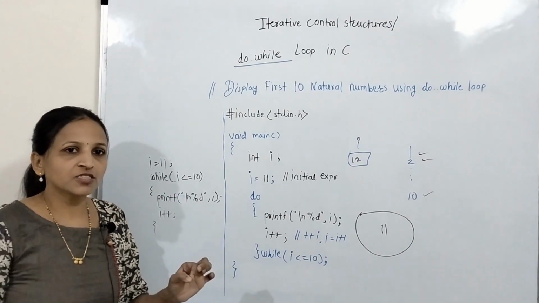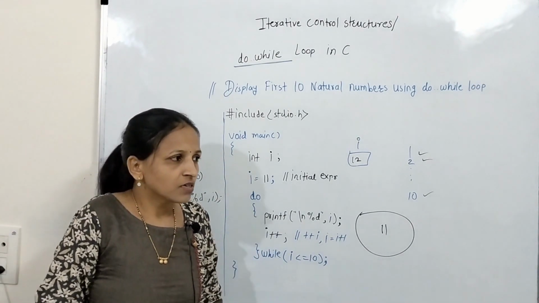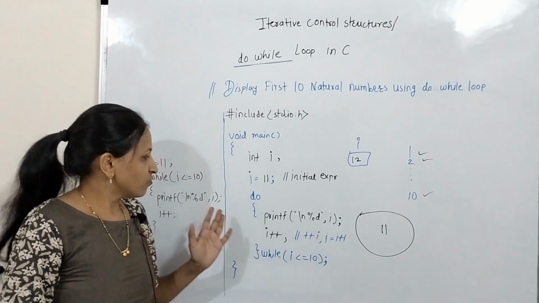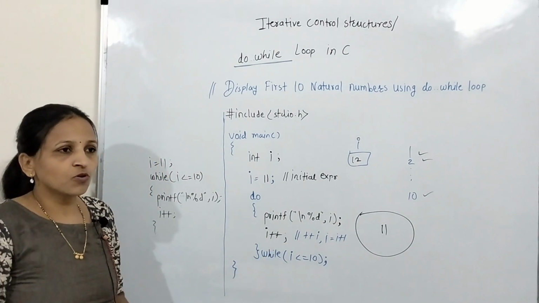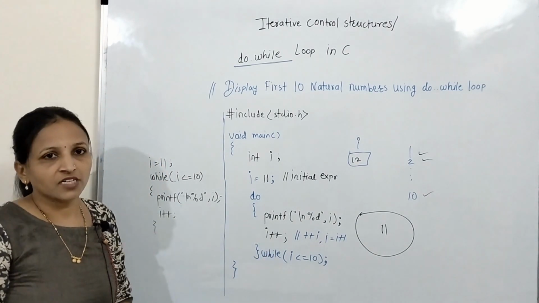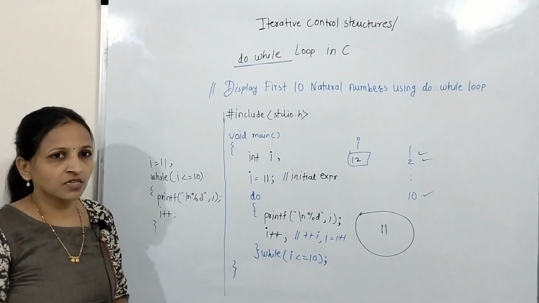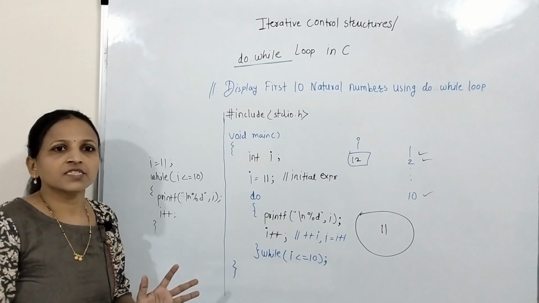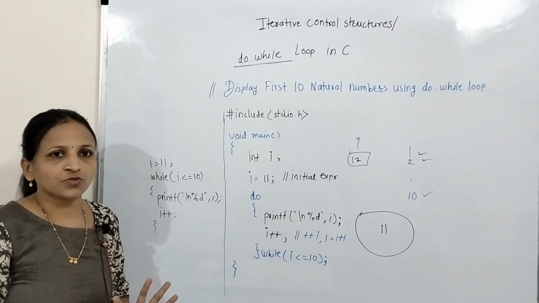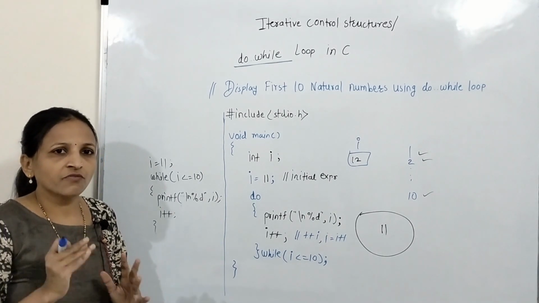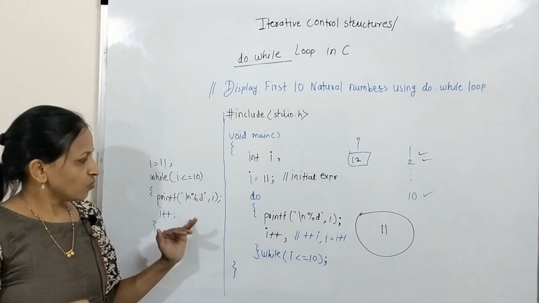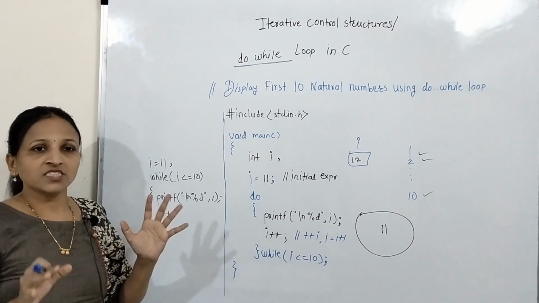Normally for is used when the number of iterations is known in advance. But while is normally used if you don't know in advance the exact number of iterations, and it will be decided on the basis of some condition. In that case normally while is used, and if the number of iterations is fixed, known in advance, then normally for is used. Here we know the number of iterations in advance, that is 10.